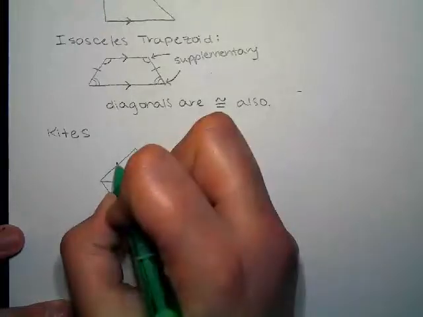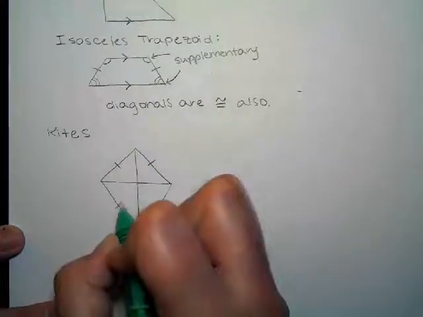So in a kite, these two sides are the same, and these two sides are the same.